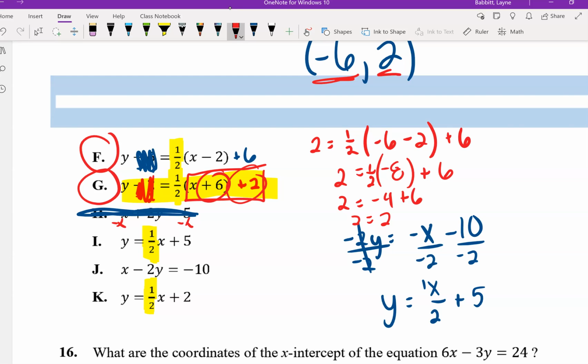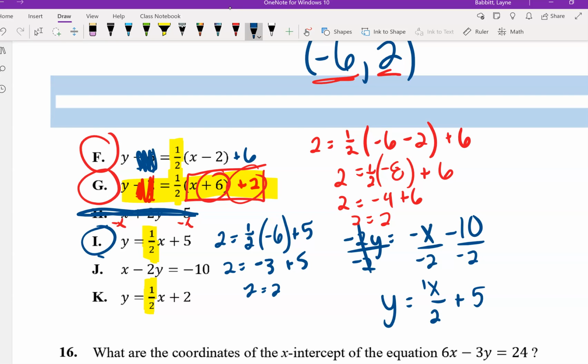So if I works, then J will also, and vice versa. So plug in negative 6, 2. 2 equals 1/2 times negative 6 plus 5. 2 equals, well, half of negative 6 is negative 3. Negative 3 plus 5 is 2. So that means both of those are also correct answers.